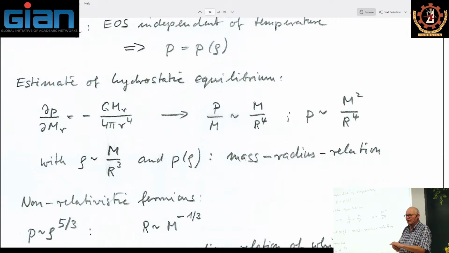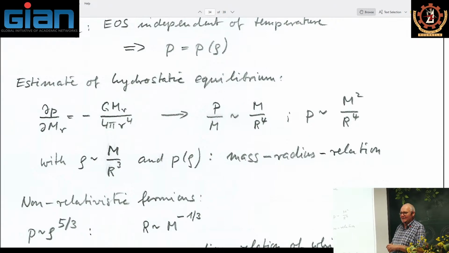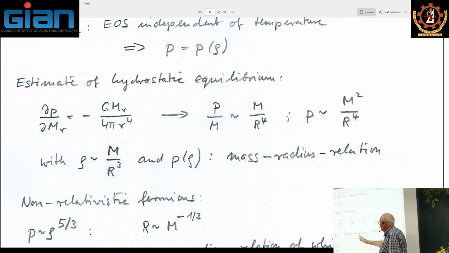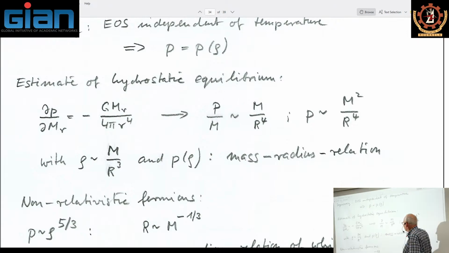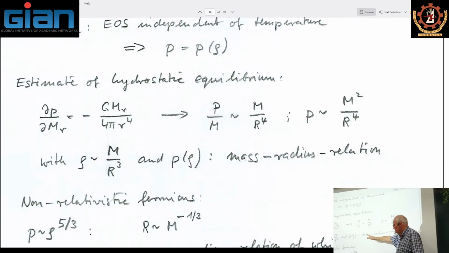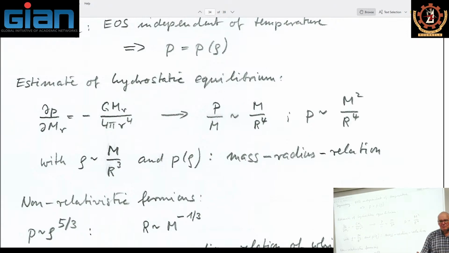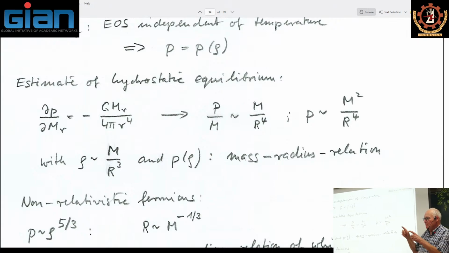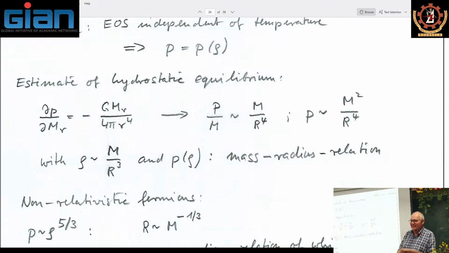So typical for a degenerate equation of state is that we end up with a mass-radius relation. By assuming hydrostatic equilibrium, we express the pressure in terms of mass and radius. The pressure density relation gives us a relation between pressure and mass over r cubed, and therefore the only parameters left in the relation are mass and radius.